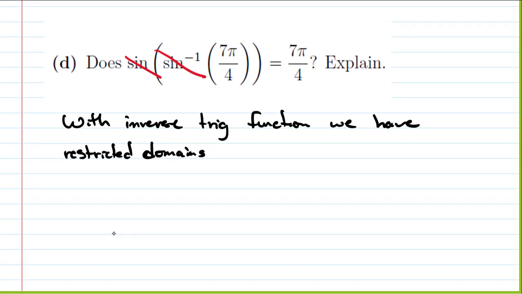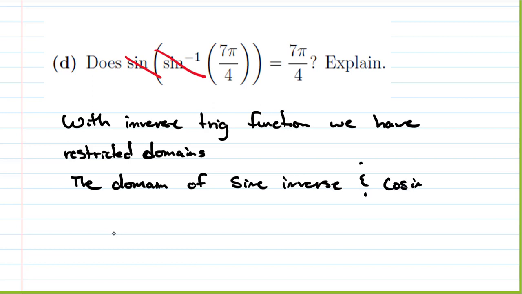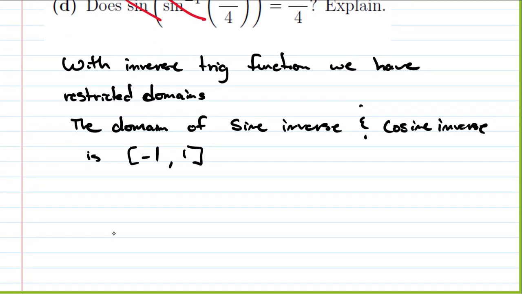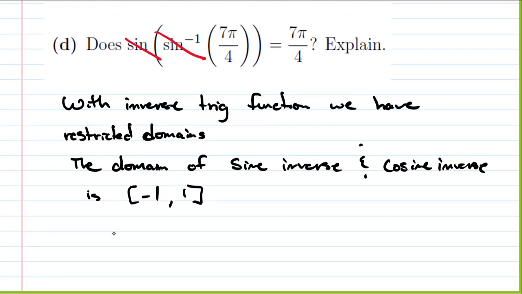The domain of sine inverse and cosine inverse is -1 to 1. So 7 pi over 4 is not in the domain.